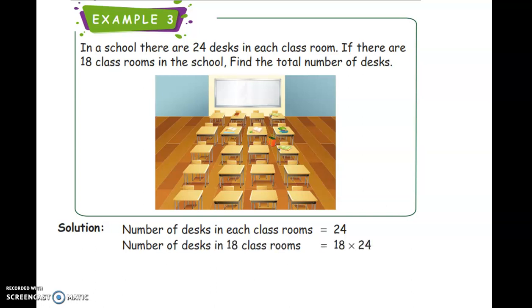Step 2, number of desks in 18 classrooms. We have to multiply 18 into 24. We convert 20 plus 4 is equal to 24. Ones and tens. Next, in the standard algorithm, we see this.